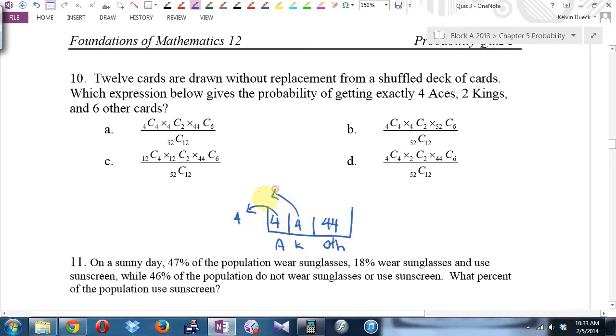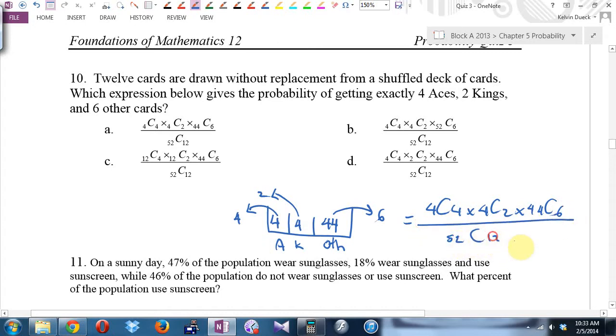How many kings? 2. How many others? 6. So it's going to be 4 choose 4, 4 choose 2, 44 choose 6, all over 52 choose 12. A. Got to be A.